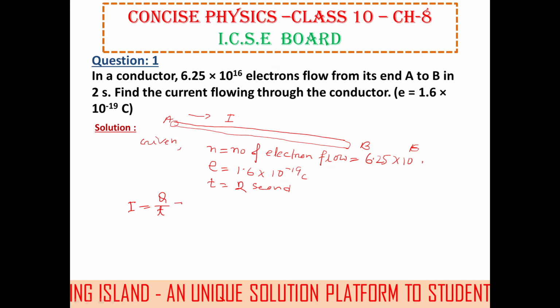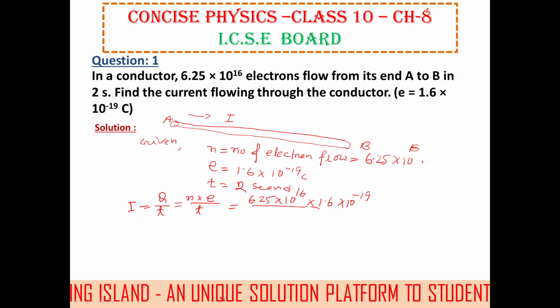Q is equal to the number of electrons into the charge of one electron, so I equals n e by t. Here n equal to 6.25 into 10 to the power 16 and e equal to 1.6 into 10 to the power minus 19.